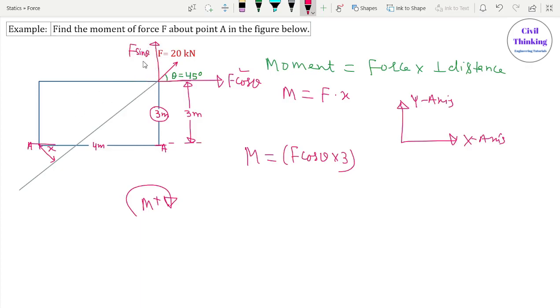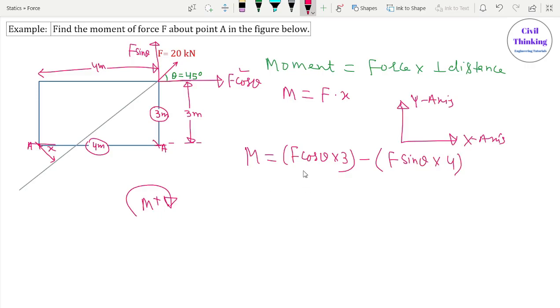How far is F sin theta normally from A? The normal distance between F sin theta and point A is 4 meters. Now F sin theta is going to exert an anticlockwise moment, so it is minus F sin theta multiplied by 4, right?